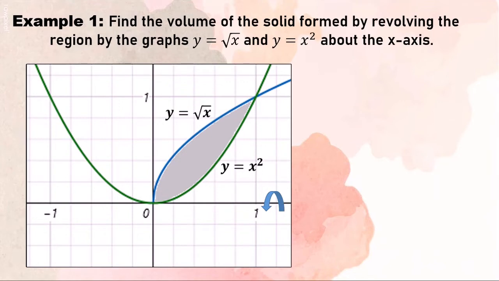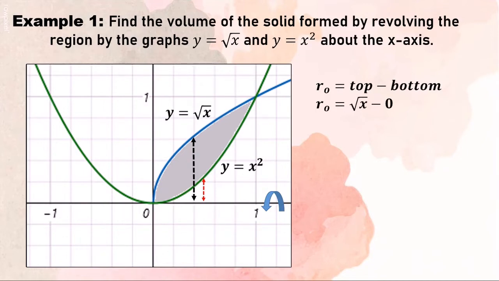So the next thing to do is to identify the outer radius and the inner radius. Starting from the x-axis to the function y equals square root of x is our outer radius, and starting from the x-axis to the parabola is our inner radius. How to get its value? For the outer radius, it equals top minus bottom. Our top is square root of x and the bottom is 0.